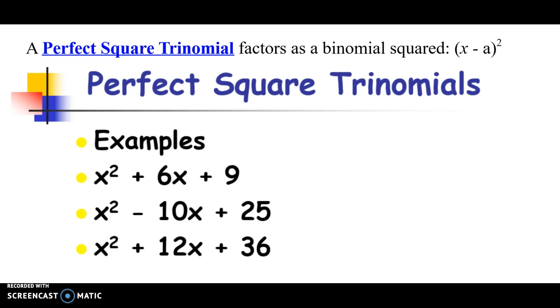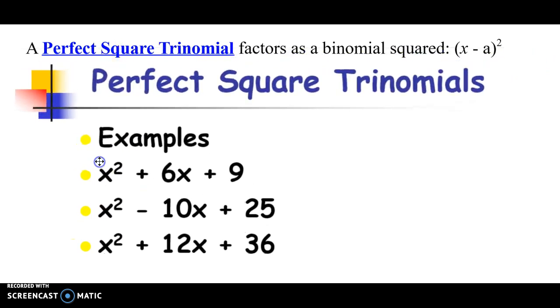Write down your first example: x squared plus 6x plus 9. Let's attempt a bottoms up here. When I do a times c, we get 9. What factors of 9 add up to 6? 3 and 3. So this comes out to x plus 3 times x plus 3.